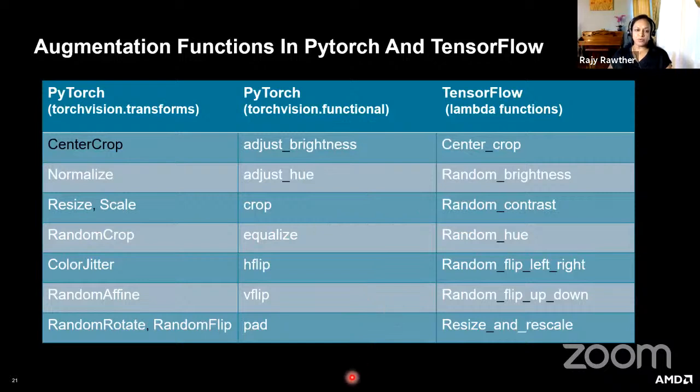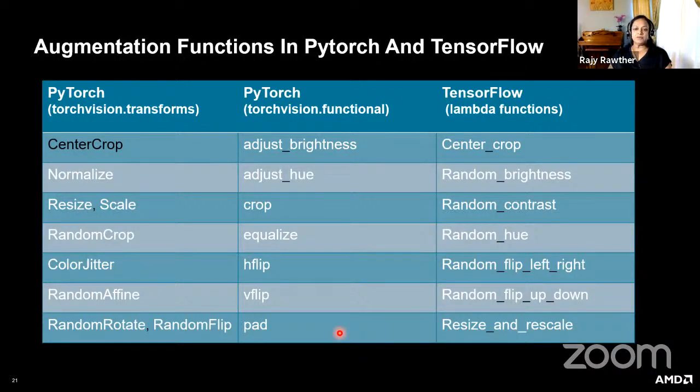Functional transforms are like the random transformations, but with fixed parameters. So if you want to test out your augmentation without the randomness, or you want to apply the augmentation with a fixed parameter, you can use those functional transforms.